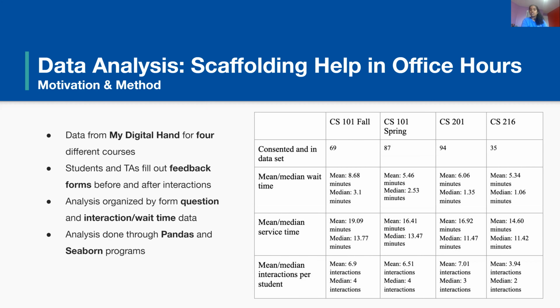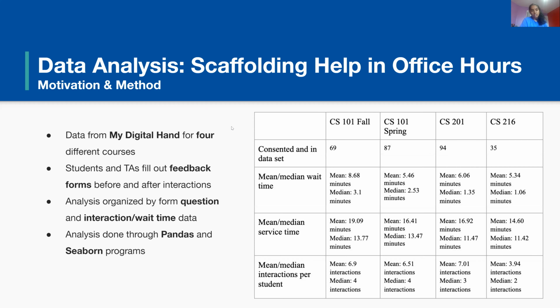Okay, so both teachers and students use the website My Digital Hand for office hours interactions. We analyzed the data from 4 different courses. 2 are CS 101, one in the fall 2020 semester and one in spring 2021, and then also the CS 201 and CS 216 courses.